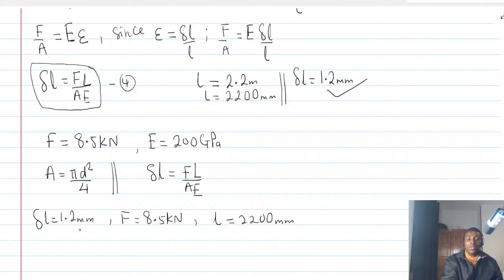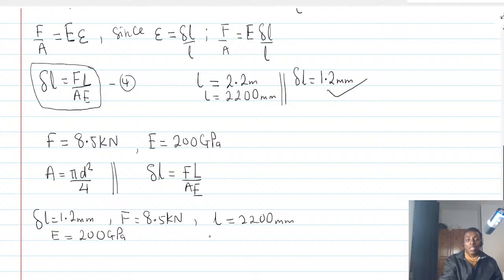Now we don't know the area, but we know the Young's modulus E as 200 gigapascal. All right.